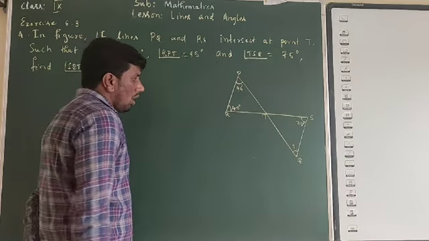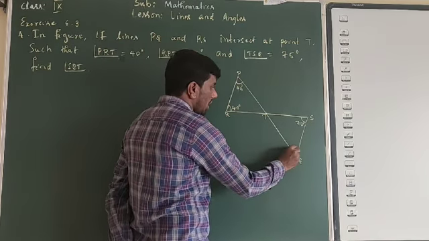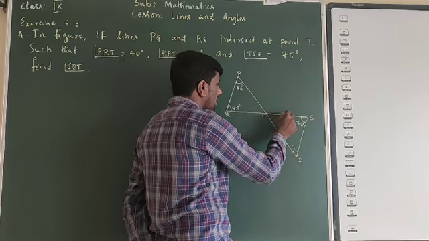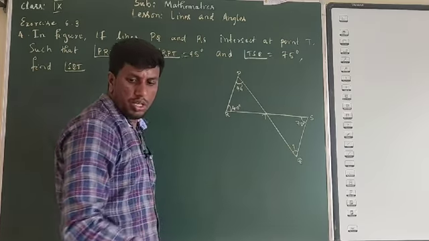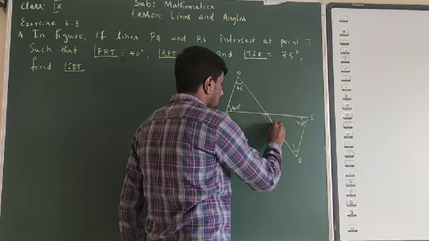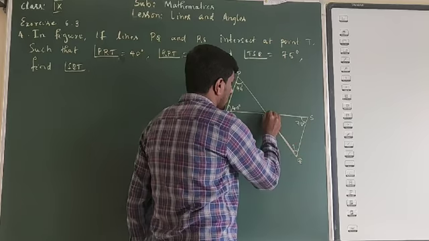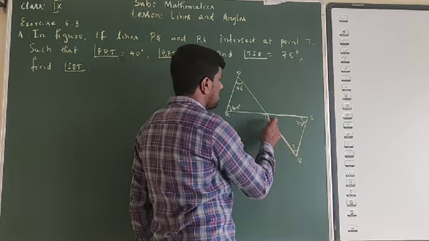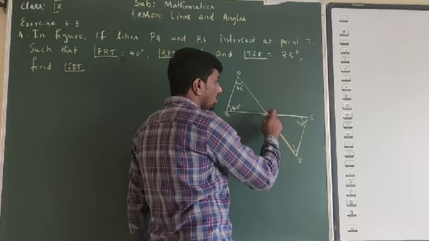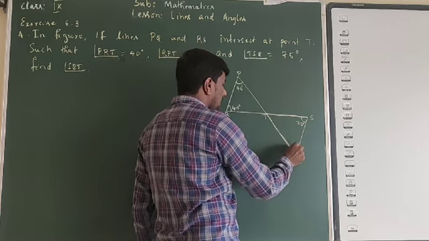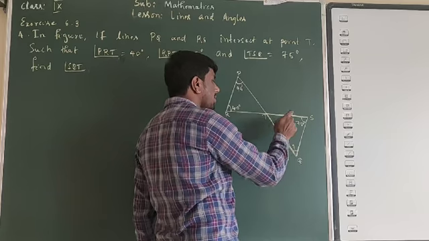If I want to find this, let me consider the triangle TSQ. If I want to find this angle, the remaining two angles must be known.